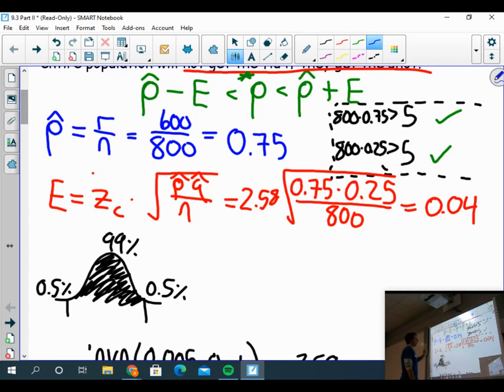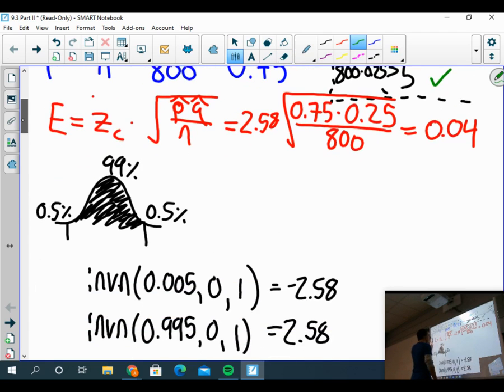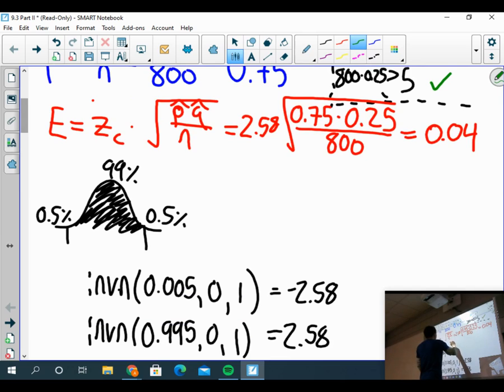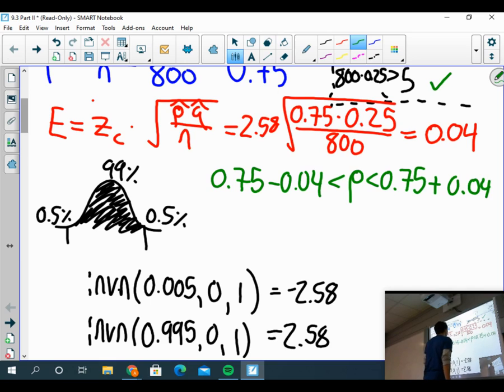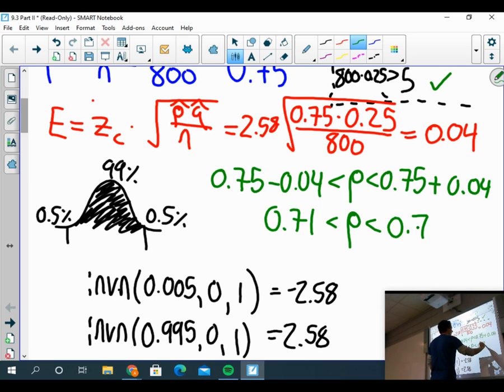Which, if we go all the way back to the top, means if we set up the full confidence interval, P hat, 0.75 minus 0.04 is less than P, which is less than 0.75 plus 0.04. And what we end up with is 0.71 is less than P is less than 0.79.